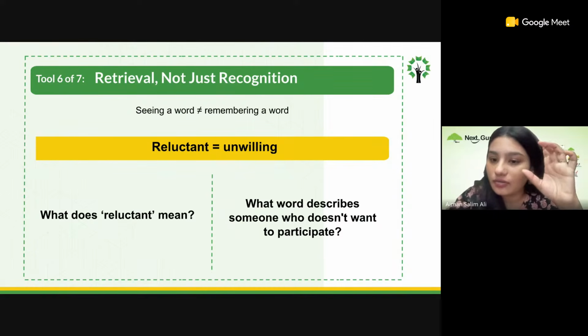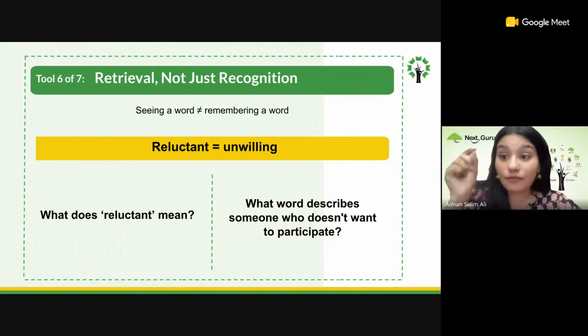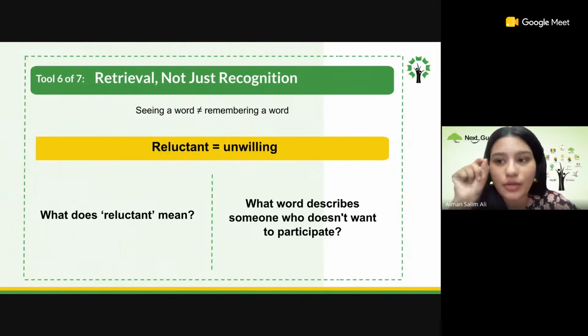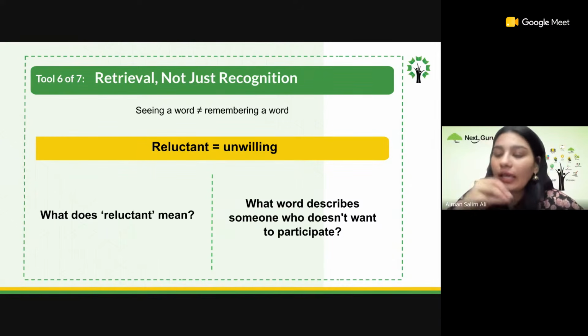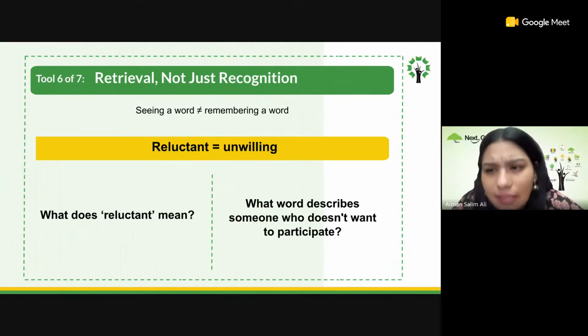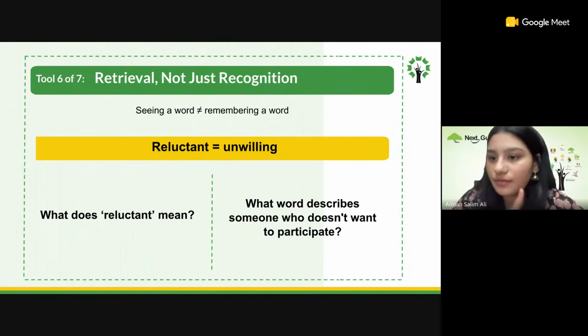If I ask them, what word means unwilling, then they might be able to say reluctant because I've used the same exact word I gave them for their word meaning. But if I ask them this question, which has more explanation in it, then this will help us as teachers see if they have actually retrieved the meaning of the word and not just recognized the word.